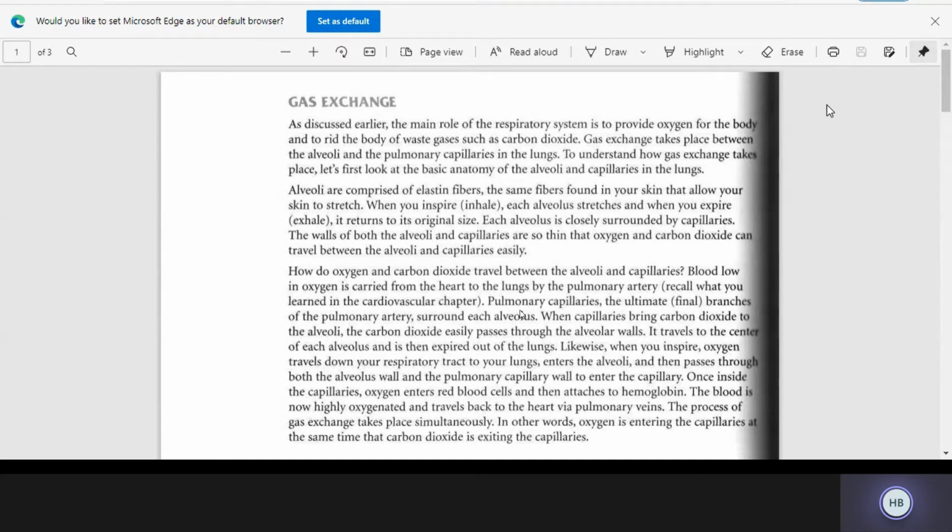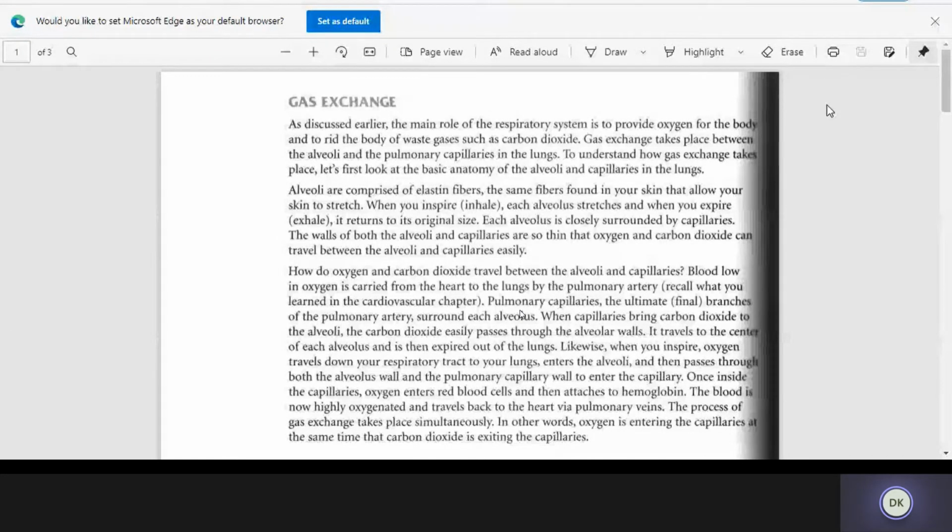Alveoli are comprised of elastin fiber, the same fiber found in your skin that allows your skin to stretch. The alveolar structure expands when you inhale, and when you exhale, it returns to its original size.